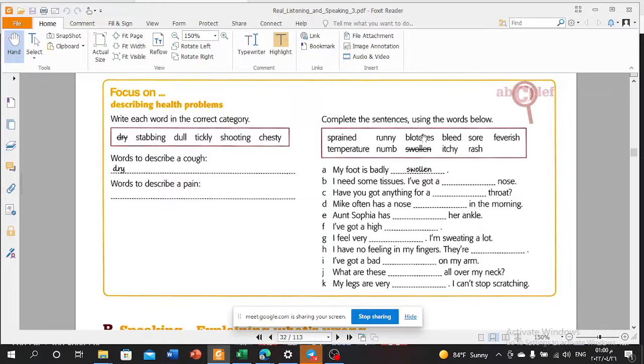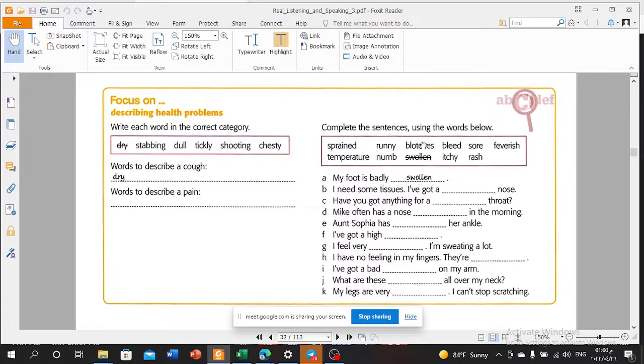A sore throat is also something we have known earlier in our discussions last year in the unit related to illness and aches. So, a sore throat. Here you can see Mike often has a nosebleed in the morning. A nosebleed is also a thing in which blood comes out of the nose because of certain health issues.